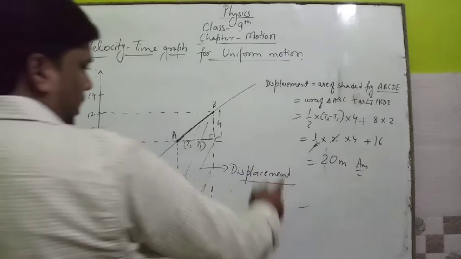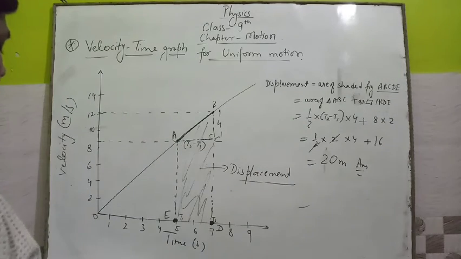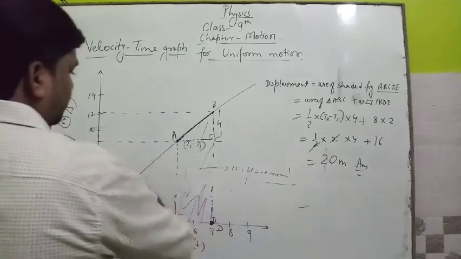This is one method, and another method is with the help of a formula. With the help of the formula, we have to find the value. Clear? Understood?